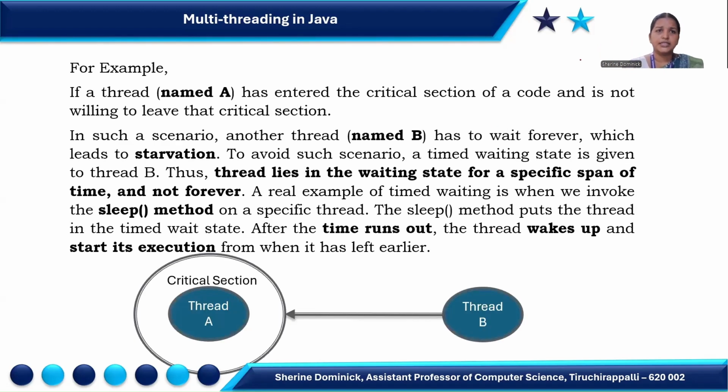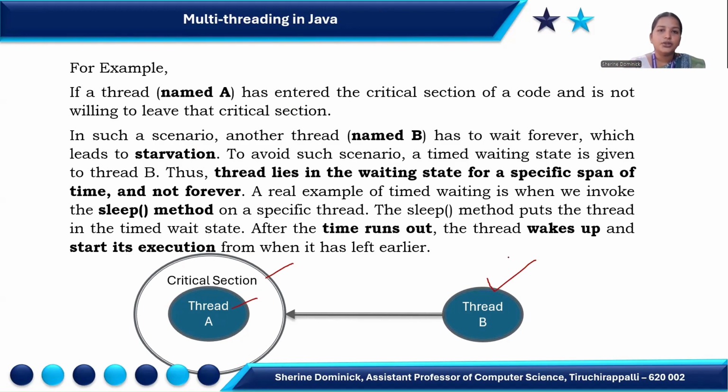Let's see that with an example. If a thread named A has entered the critical section, and it is not willing to leave this critical section until all the resources are achieved, and another thread named B is trying to access this critical section, there may be a possibility of getting into an endless wait.